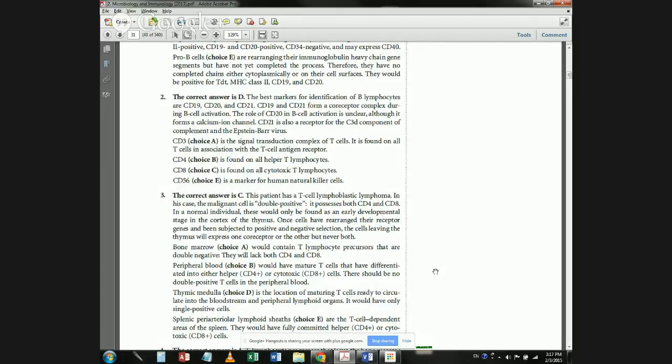Maturing T cells ready to circulate into the bloodstream and peripheral lymphoid organs, only single positive, just like the blood. Splenic periarteriolar lymphoid sheets are the T cell dependent areas of the spleen. They would have fully committed helper CD4 positive or cytotoxic CD8 positive cells. Okay, splenic periarteriolar lymphoid sheet.